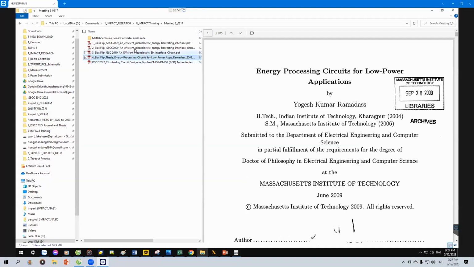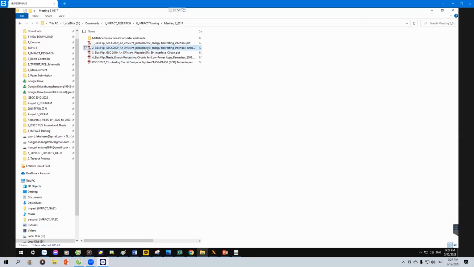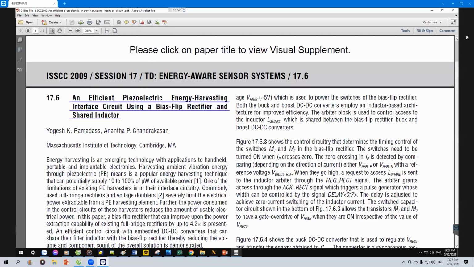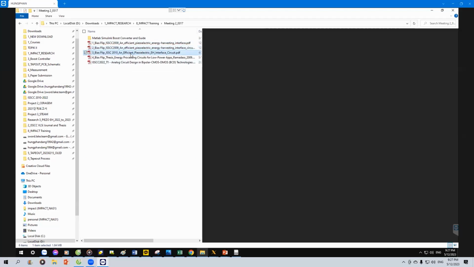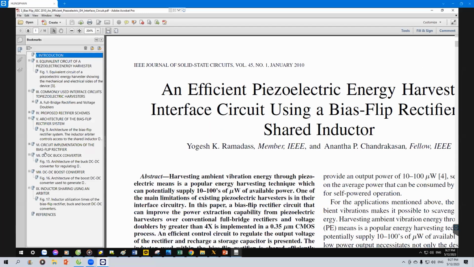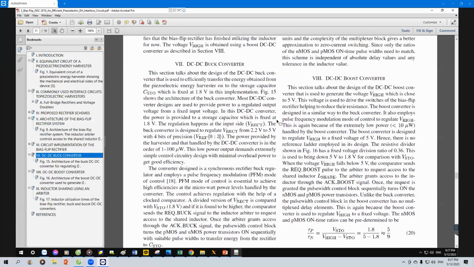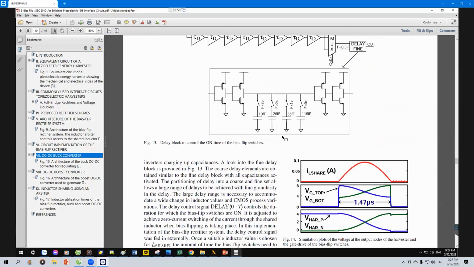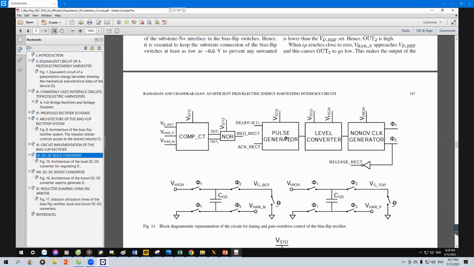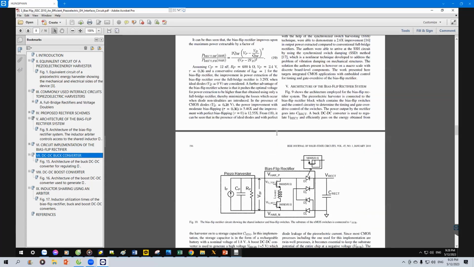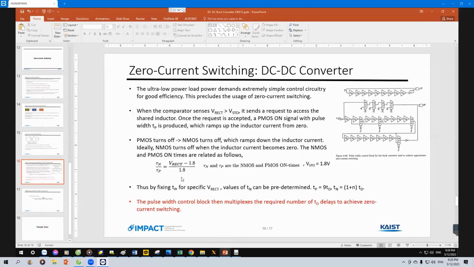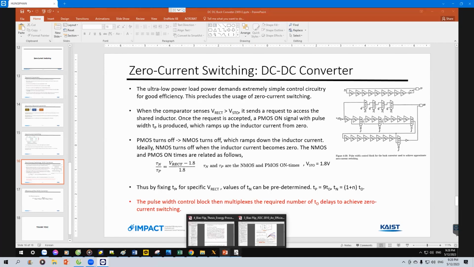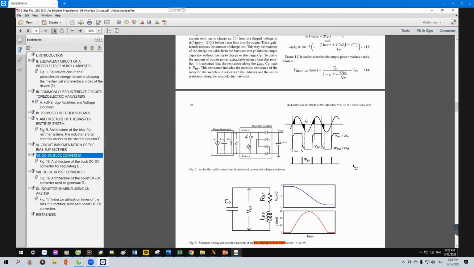Here they don't show the inductor current waveform. Tn and Tp and the inductor current, they don't show them.